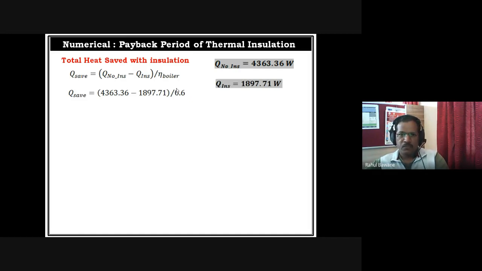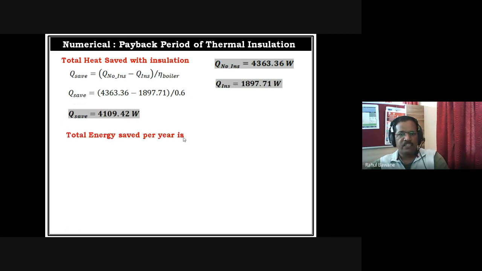So whatever be the fuel burned, only 60% is utilized for that system, and 40% is wasted from the boiler. So we have to consider the boiler efficiency. So this is the net heat saved divided by boiler efficiency. So total heat saved is 4109.42 watt.